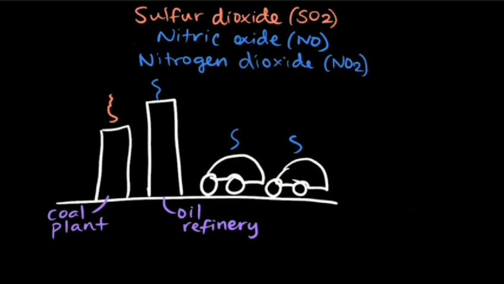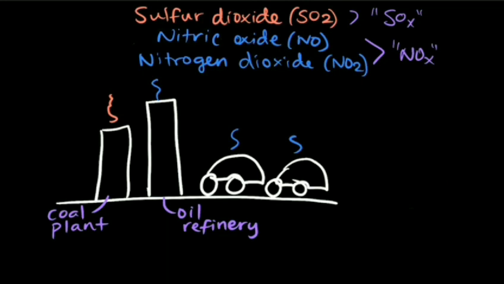Together, these are referred to as nitrogen oxides, which you can abbreviate as NOx. The same can be said about sulfur dioxide. That falls into the category of sulfur oxides, SOx. So a fun way to remember the precursors to acid rain is SOx and NOx.